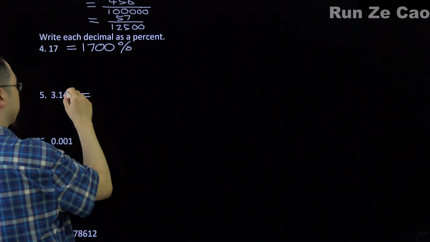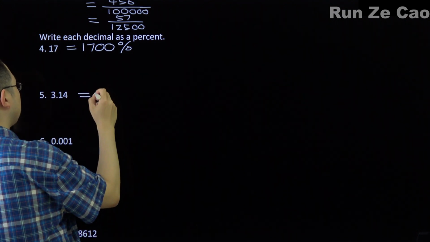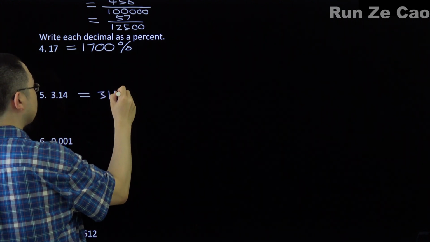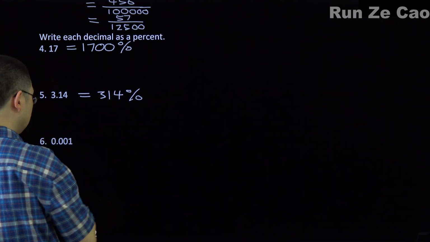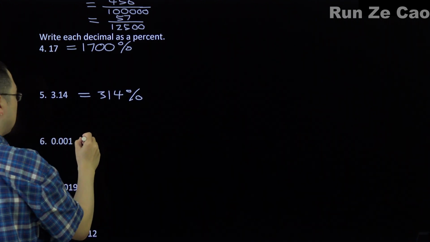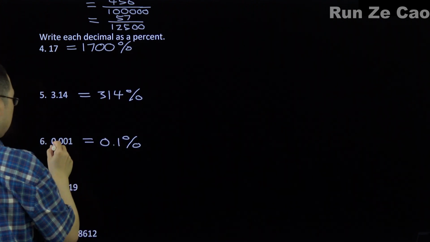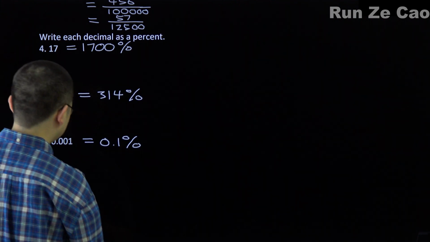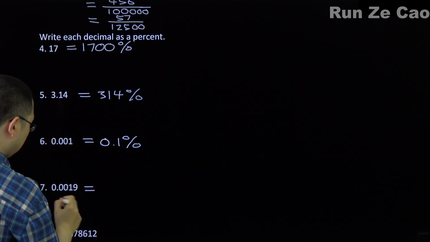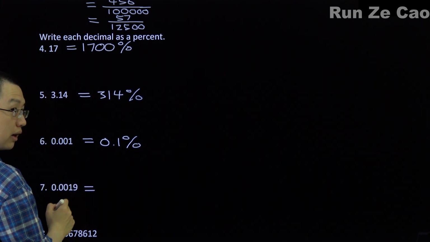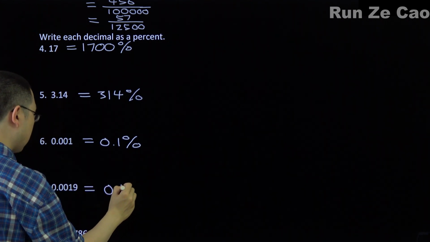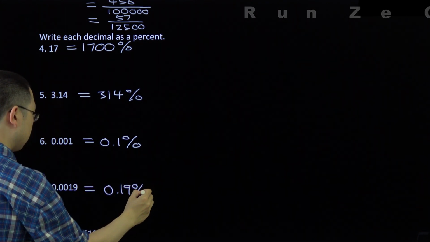Oh, there's a reason people can write it as times 100%. It's 314%. 0.001? Well, that's equal to 0.1%. You move the decimal 2 places and add a percent symbol. Same thing here. 0.0019? Well, that's 0.19%.